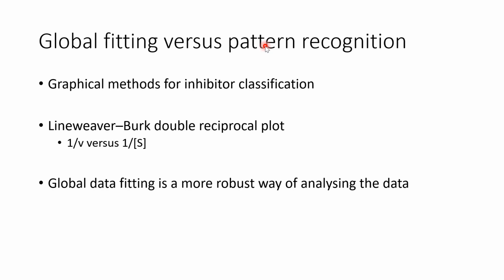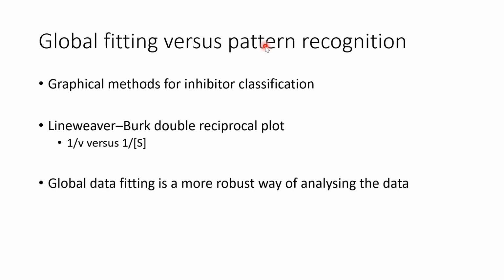So historically, we did not have computers, and we didn't have data fitting for the biochemists who were looking into characterizing inhibition in these systems. And so there was a development of graphical methods.